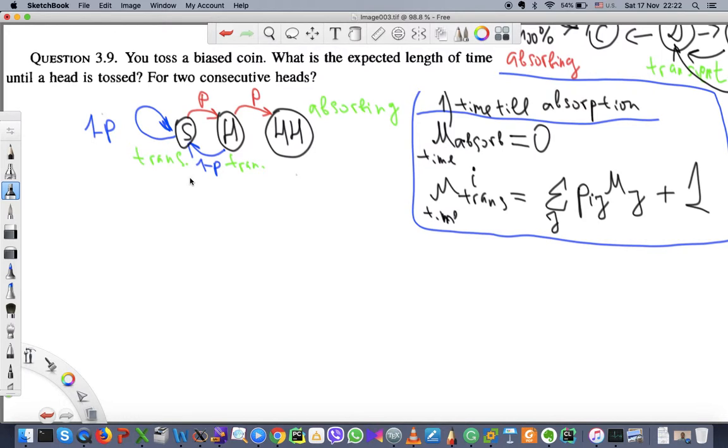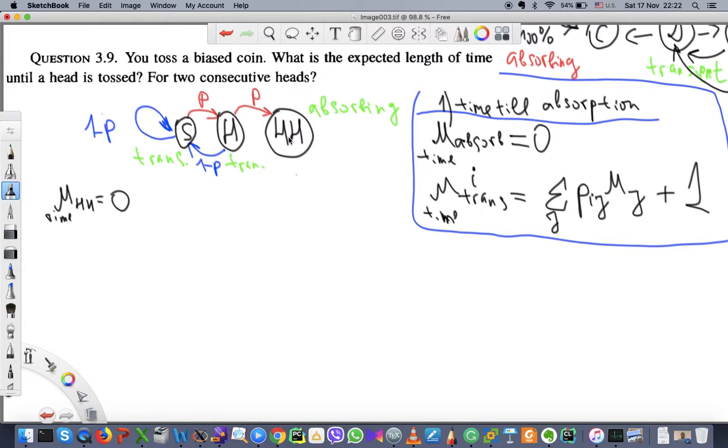Alright, now we are fully done because we know all the states, and since we know the states, we know which equations to use. Time mu for absorbing state HH by definition is 0 because it's absorbing, and the intuition is the following.